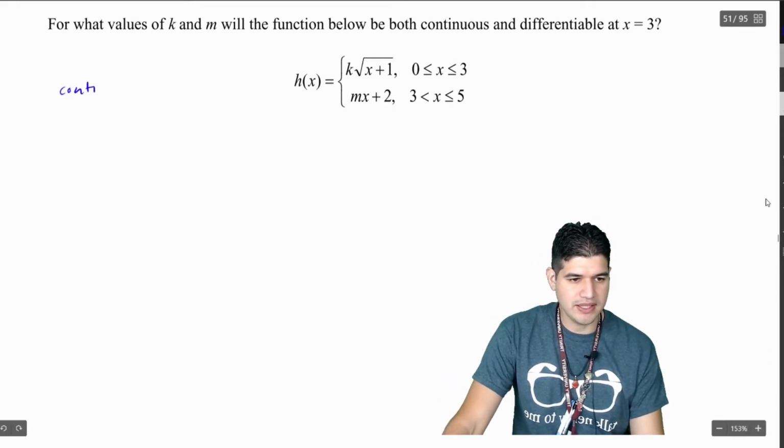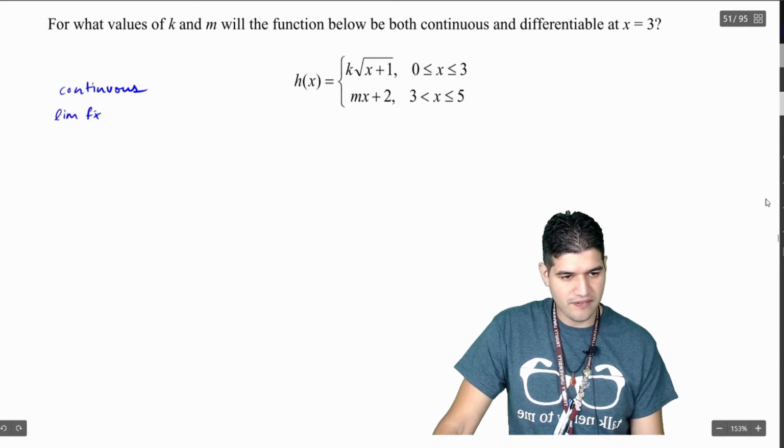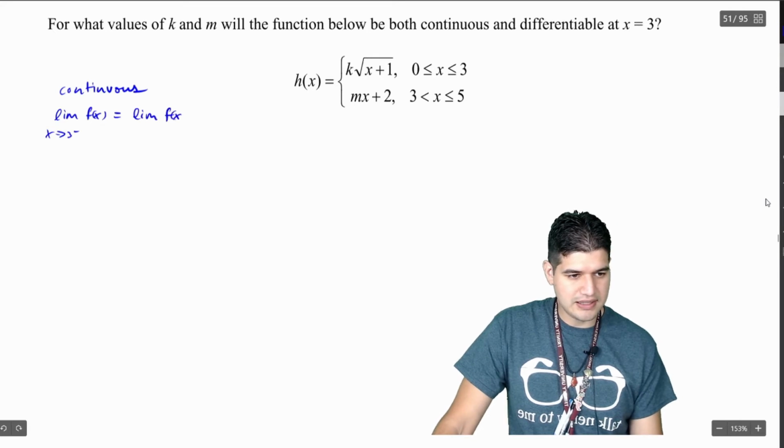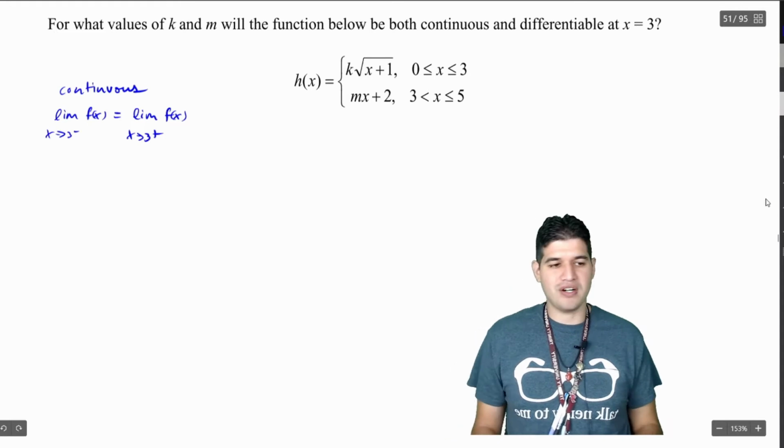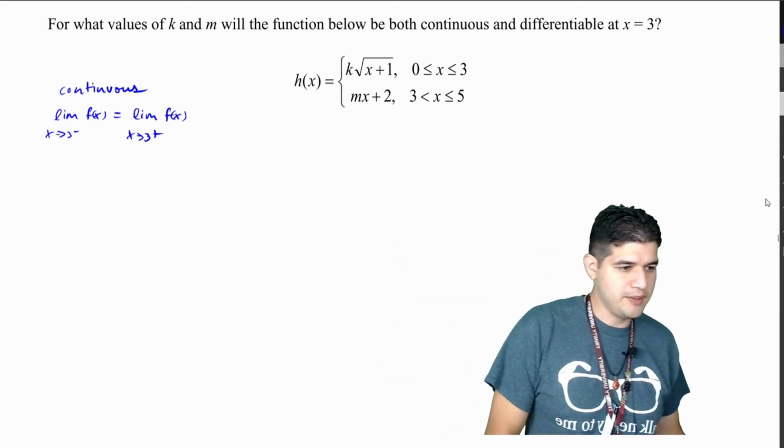For continuous things, we want a couple things to be true: we want the limit of f of x as x approaches 3 from the left to equal the limit of f of x as x approaches 3 from the right. That's going to be a huge part of it. If that happens, everything else kind of falls into place.